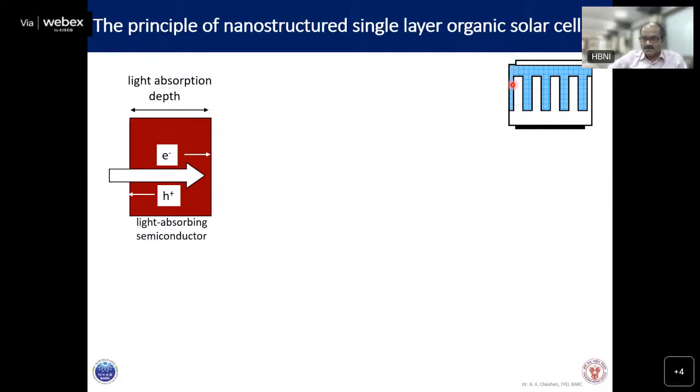The ideal structure will be like this. If you make the acceptor structure like this and the donor like this, then you will have the maximum boundary area, or you can say maximum surface coverage area, between donor and acceptor.